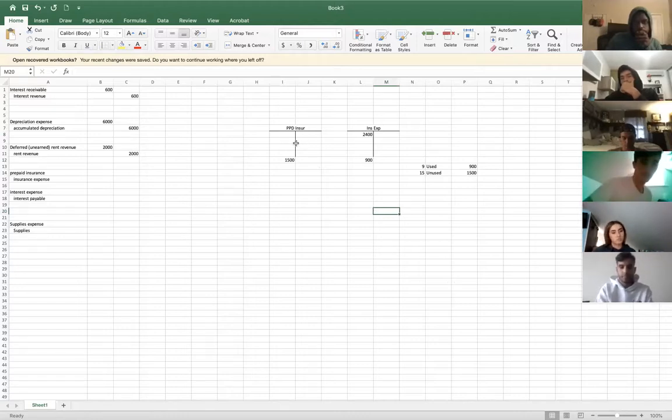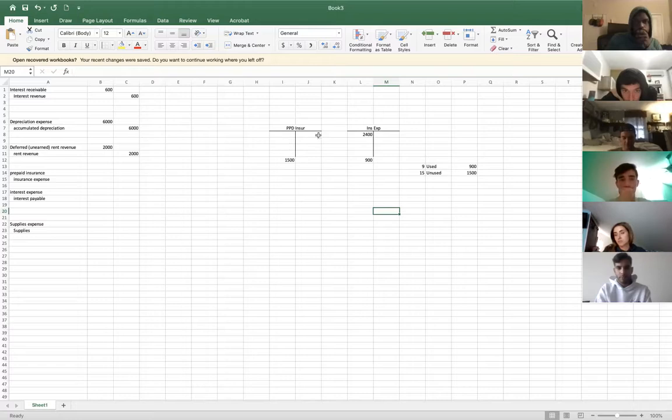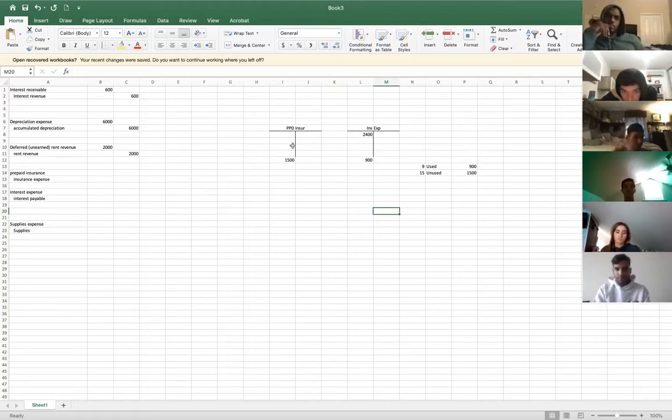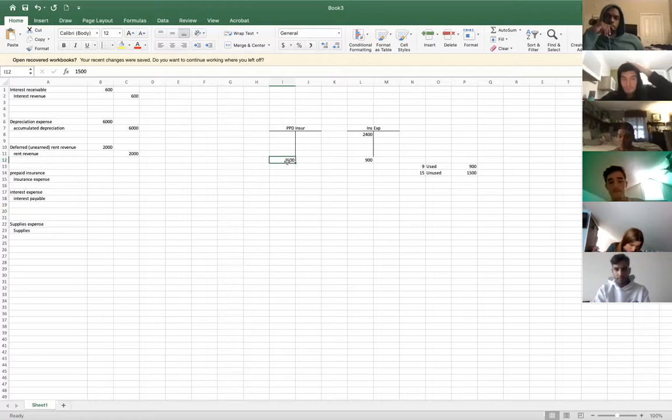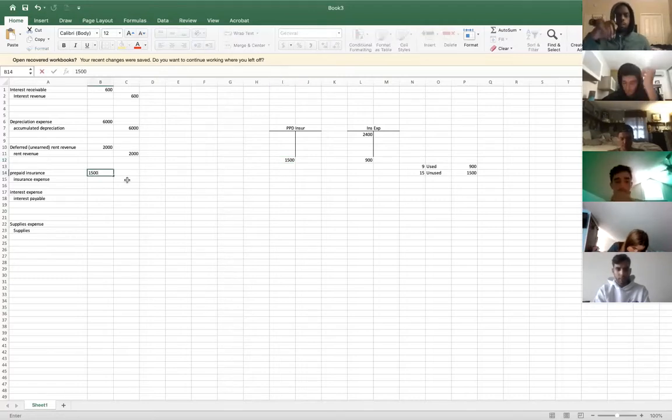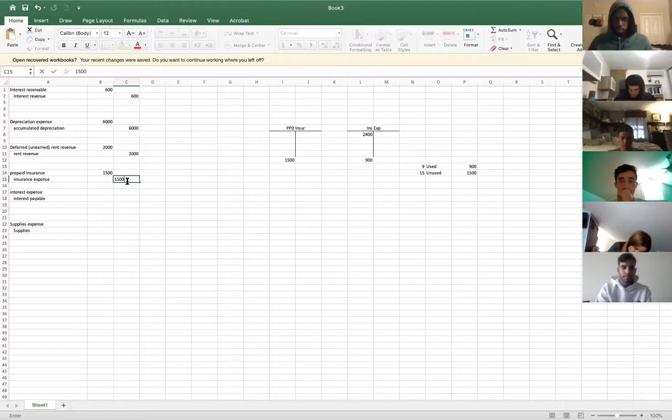Well, what is the unadjusted balance of prepaid insurance? Do you see any journal entries in prepaid insurance? No. So what is the unadjusted balance of prepaid insurance? 0. And what do I want the adjusted balance to be? 1,500. So I need to debit prepaid insurance 1,500, and I will credit insurance expense 1,500.